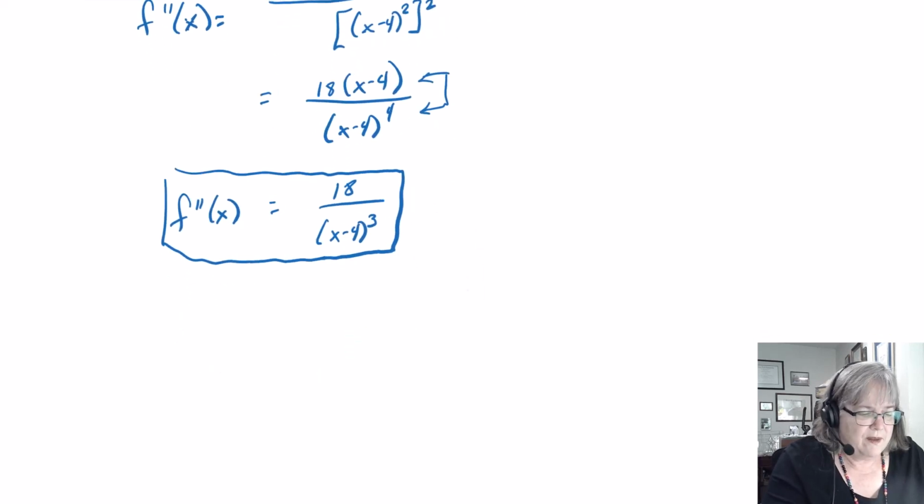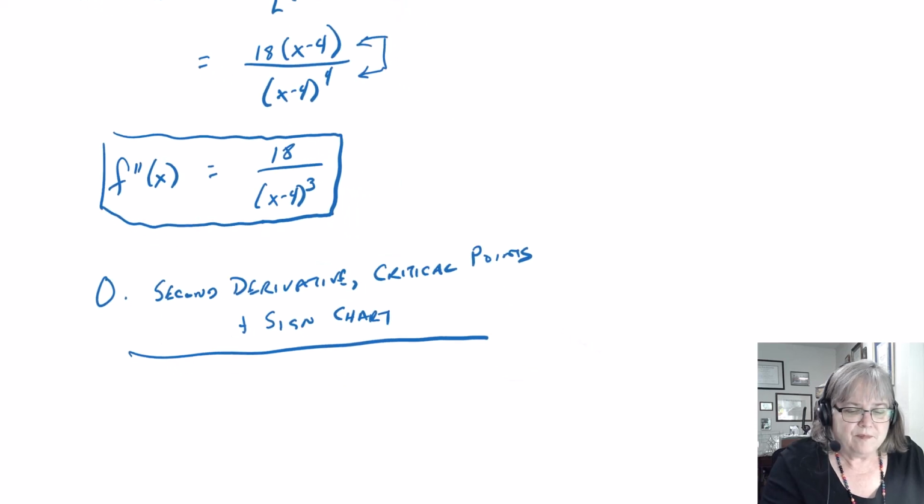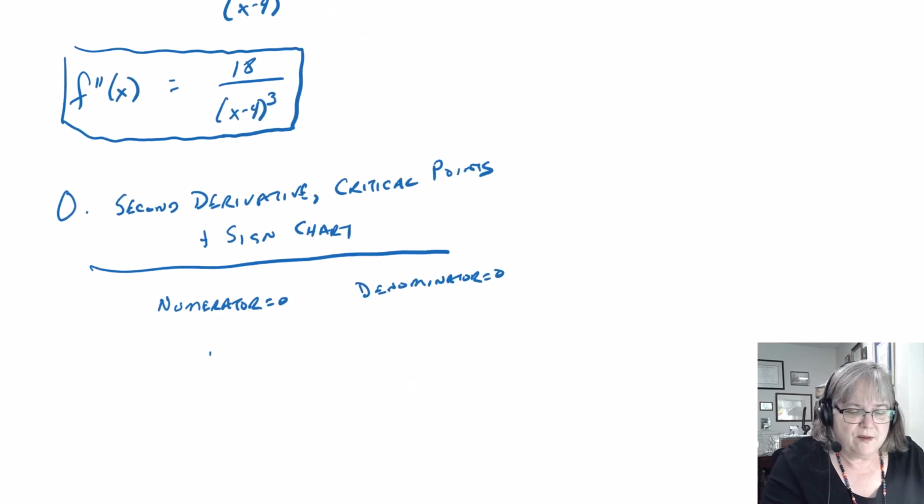All right. Then we have the second derivative critical values, points, areas, whatever your book and teacher call it, and the sign chart. So remember, we look at where the numerator is equal to 0 and where the denominator is undefined, which is where it's equal to 0. 18 can't be 0, so that's not going to contribute.